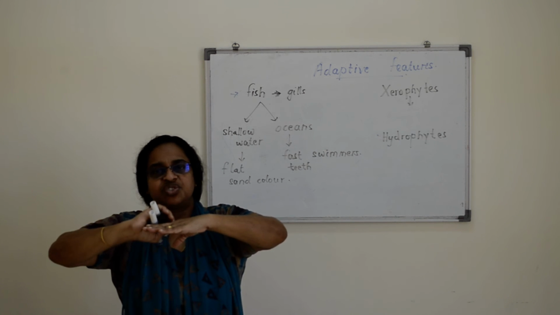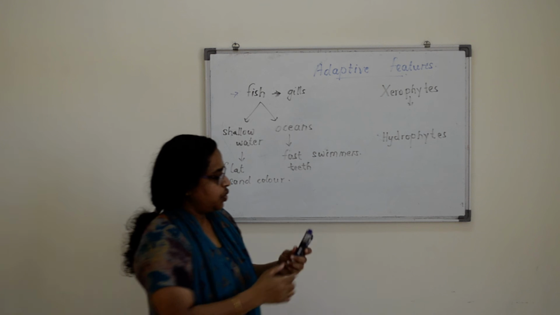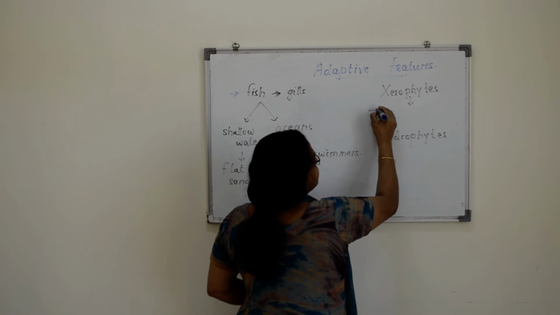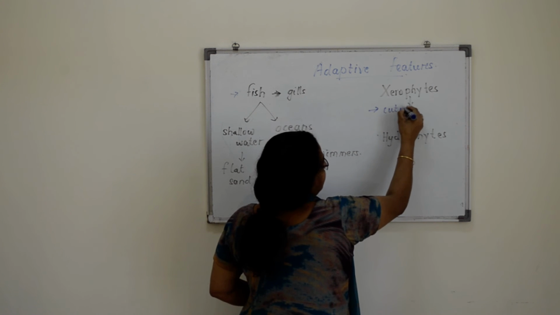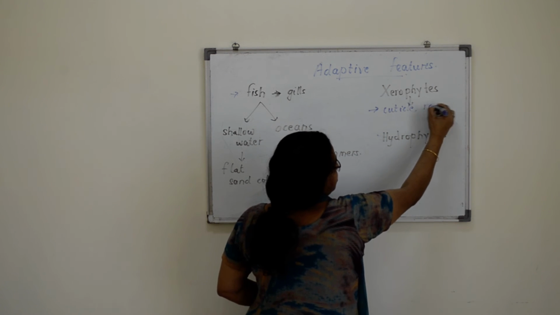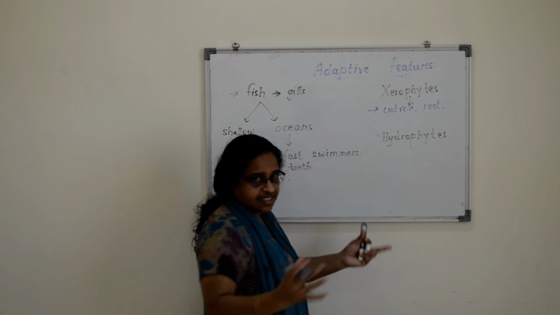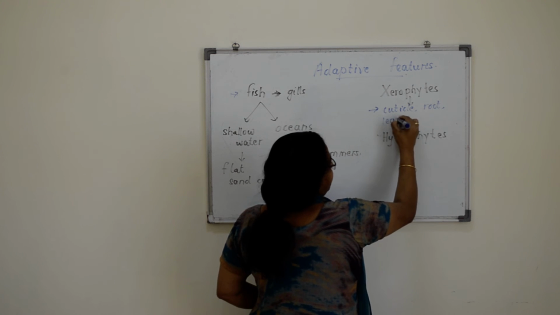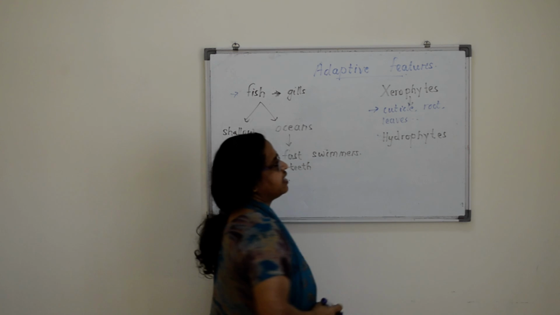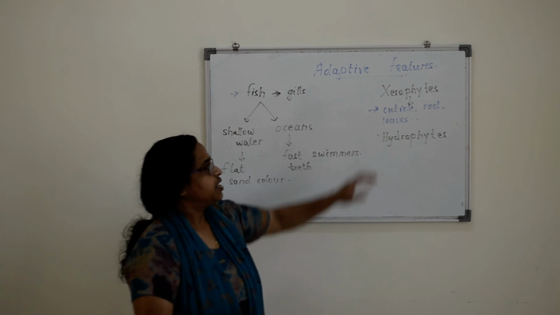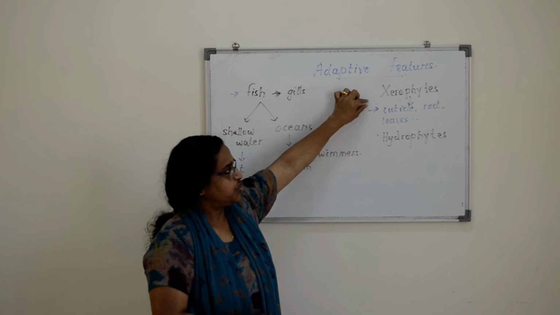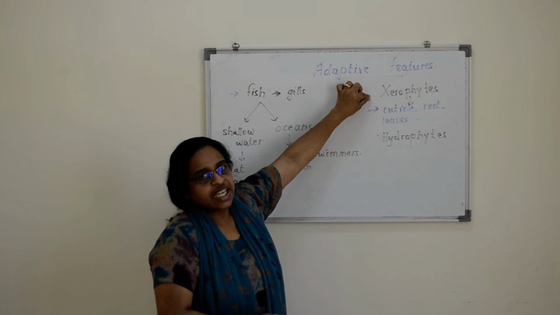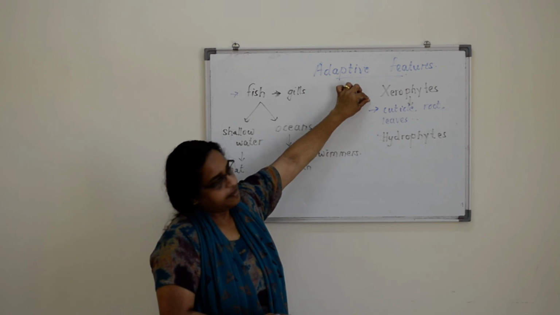That means transpiration is less. So one is cuticle thick and root system is very extensive, and also the leaves are modified to spines. So all these things are adaptations of xerophytes, those who are living in dry arid conditions.